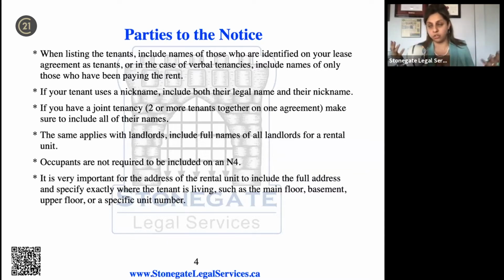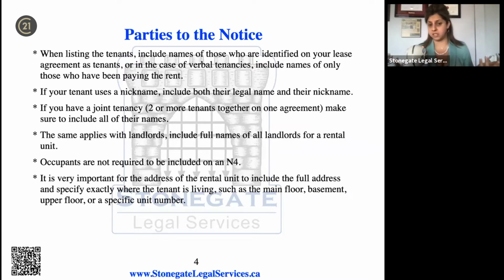There's no need to include elderly parents who are occupants, or children. If your tenant uses a nickname or has a shortened name, include both their legal name and their nickname on the notice. If you have a joint tenancy, for example, two or more tenants on one agreement, you should make sure to include all of the names on the N4.